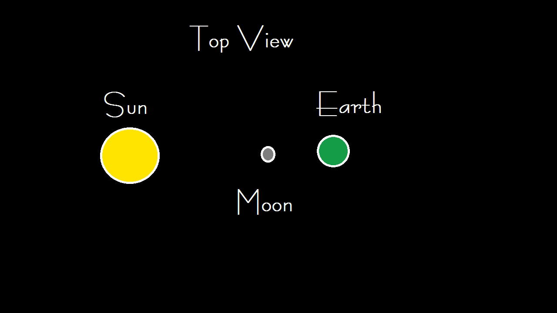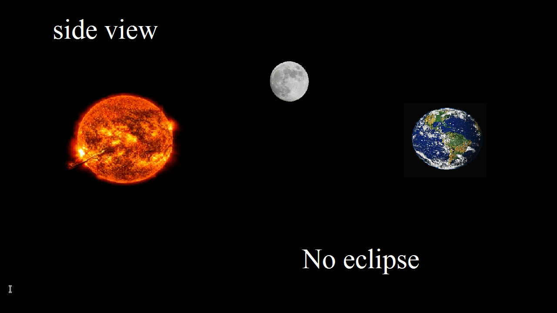But here's the difference. Now check this out. If you could be in a space machine or whatever, and look at these bodies from a side view, there is a big difference. On top, everything looks the same, but on a side view, it's a different perspective. This is how the three bodies look when no eclipses are happening, from the perspective of Earth, right?